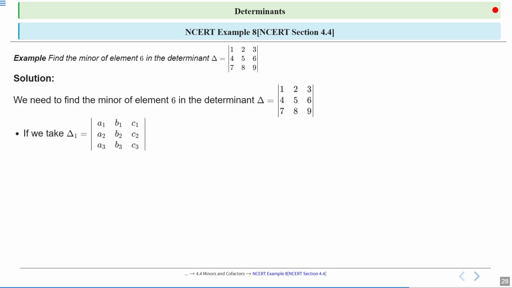So we have to calculate the minor for the element a23. So the minor is m23.